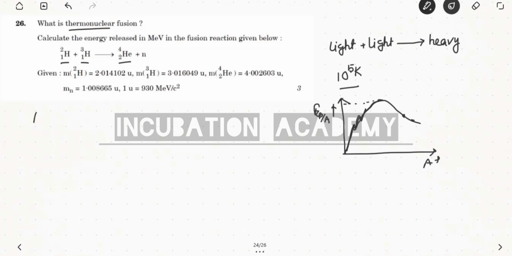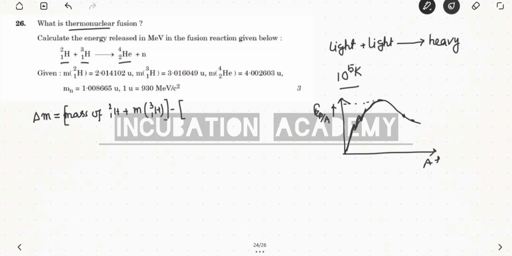So if I want to calculate the change in mass, the disappearance in mass, then we just add the mass of the reactants and subtract the mass of the products. For that purpose, delta M, the disappearance in mass, is the mass of 1H2, the deuterium isotope, plus the mass of 1H3, these being the masses of the reactants, minus the mass of the products.